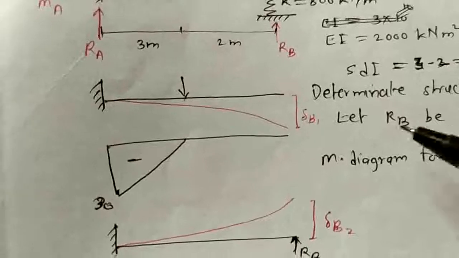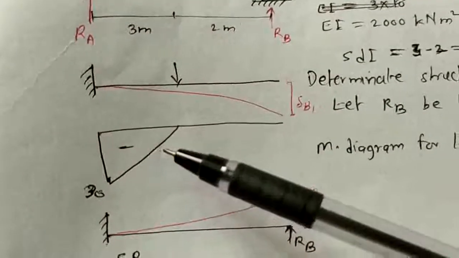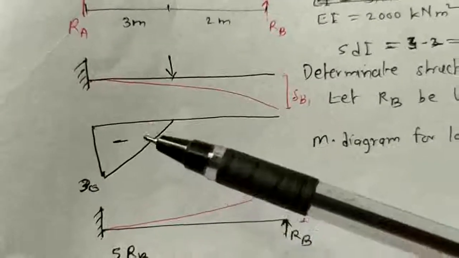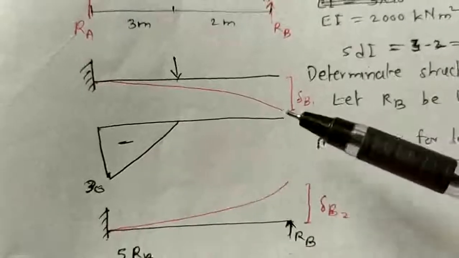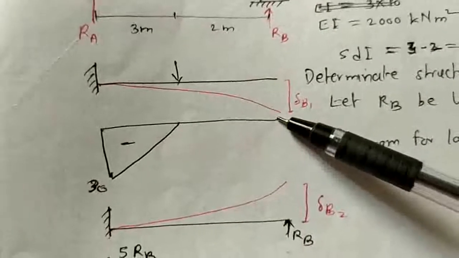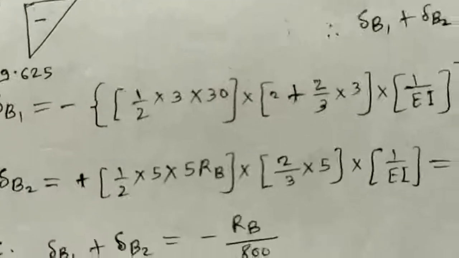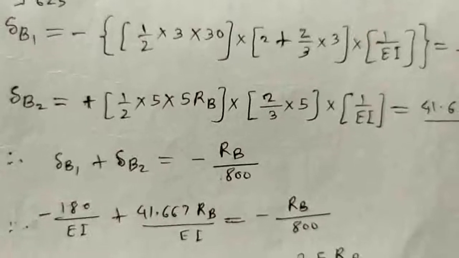So to get the value of delta B1, we have drawn this M diagram. We take the moment of the area of this triangle about point B. Of course delta B1 is negative.